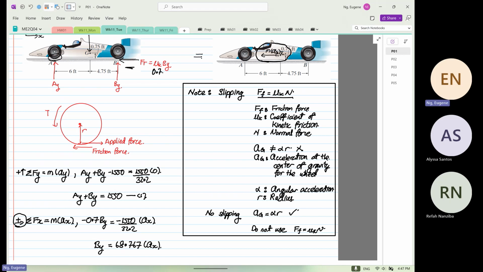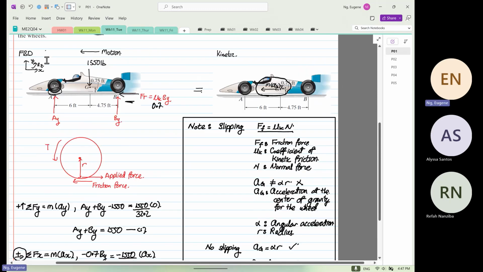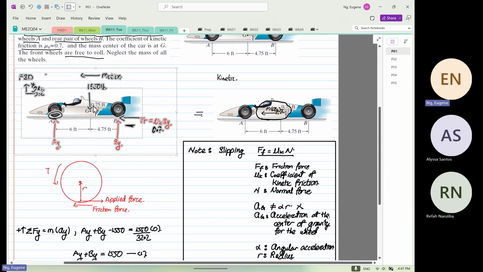So next, I would like to take moment about point A. Okay, repeat again. I would like to take moment about point A. So what we will do now, let me get this diagram down so we can see clearer what is going on. I can copy this diagram.